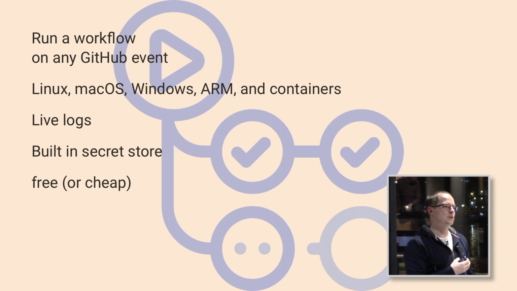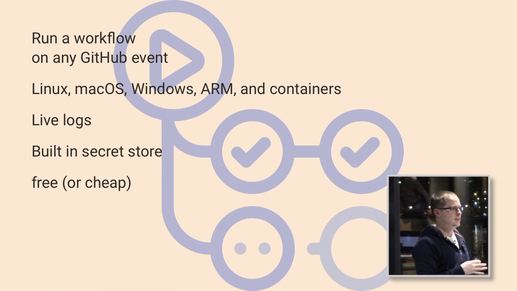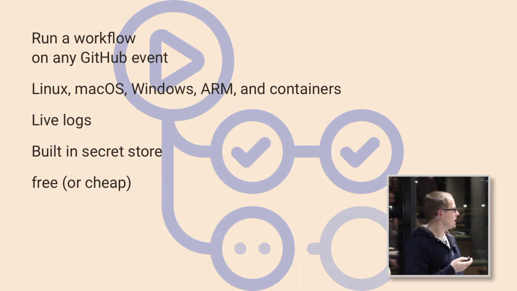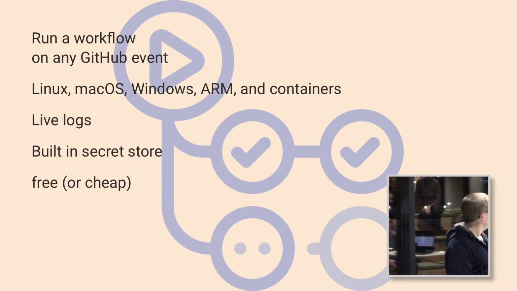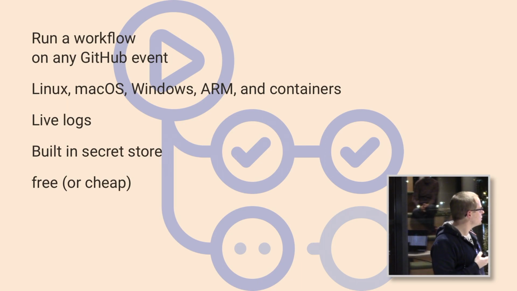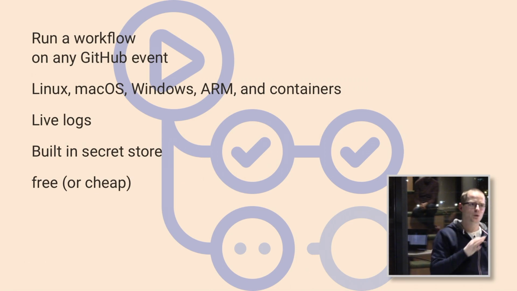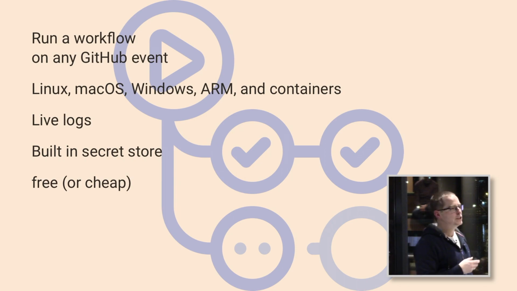Live logs pretty much means that if something's running, you can see the logging, and you can look at it and just, I don't know, maybe it's more exciting than Goede Tijden, Slechte Tijden. It has a built-in secret store, and it is free or cheap. It depends a bit on what kind of project you're running. And cheap does not mean cheap as in China cheap. It means that it's cheap as in you get a lot of bang for your buck.